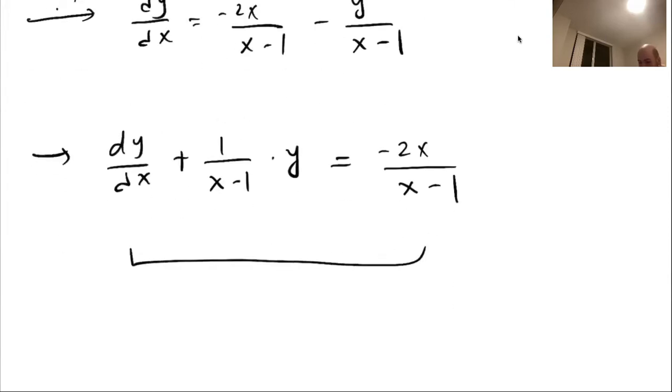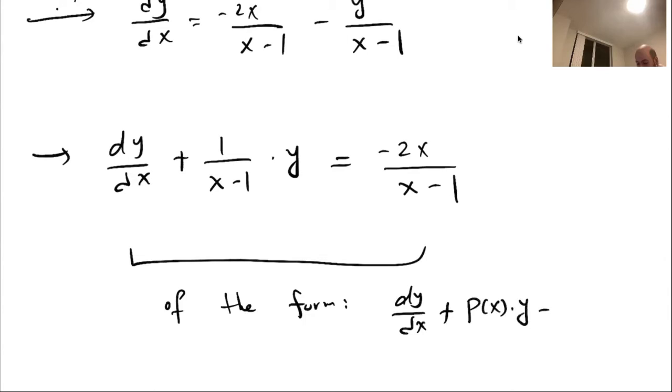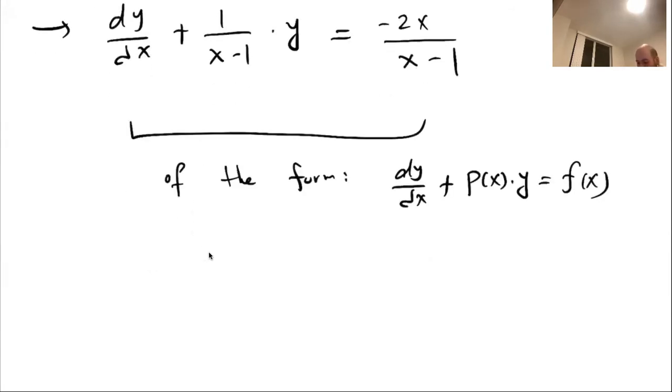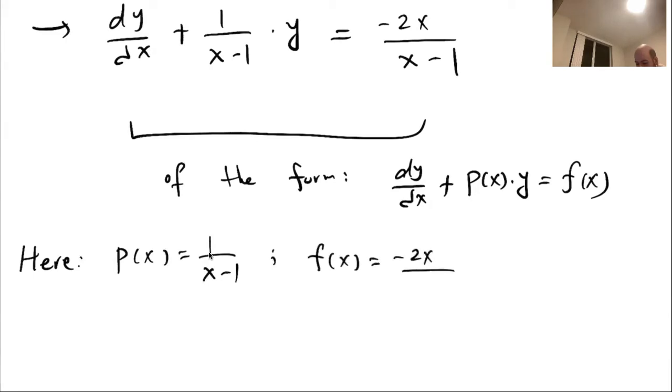So this is of the form dy/dx plus p of x times y equals f of x, where p of x is 1 over x minus 1, and f of x is minus 2x divided by x minus 1.